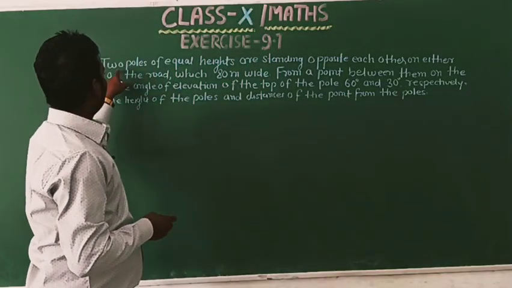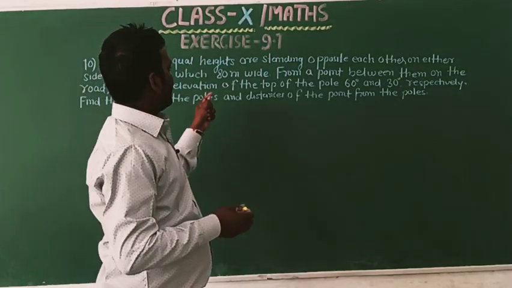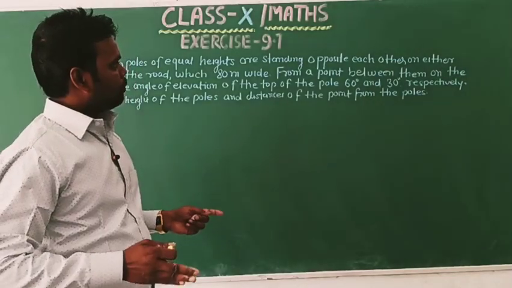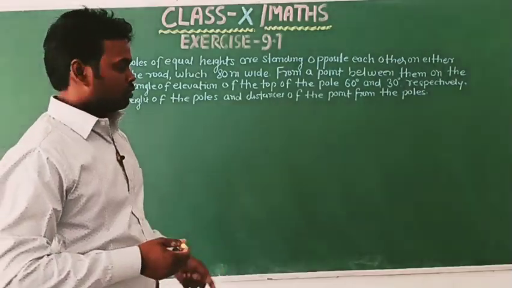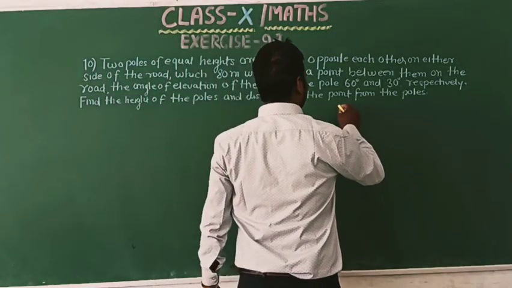So given, two poles of equal height are standing opposite to each other on the side of the road. So let's draw the diagram.